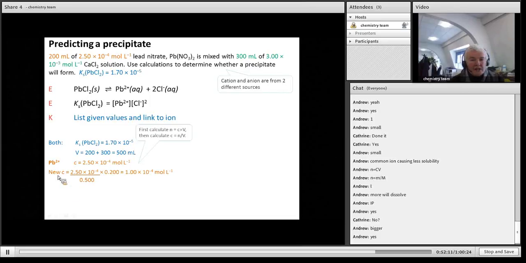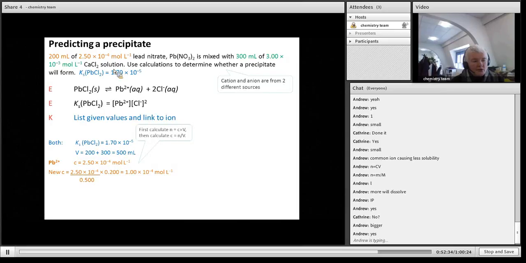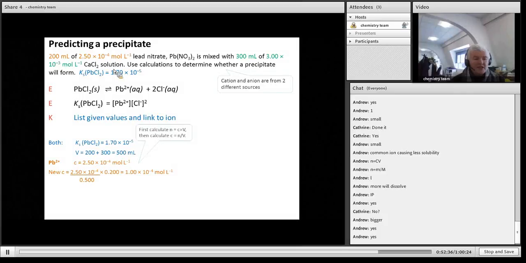If I mix a 50 ml solution with a 50 ml solution, or say I've got this lead nitrate solution and I add 50 ml of water, have I diluted my lead nitrate? Not too sure? So, yes, I have, because I've added water to it.